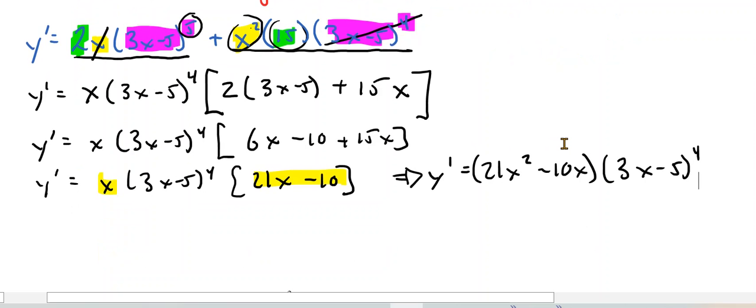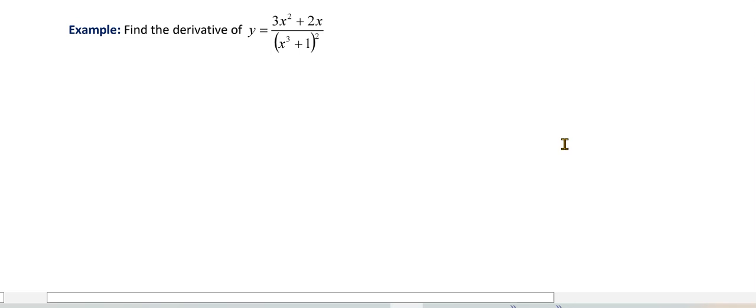This problem, we have a quotient. And we have a composite function in the denominator. So with the quotient rule, we know that we find the derivative by doing f prime g minus f g prime, all divided by g squared.